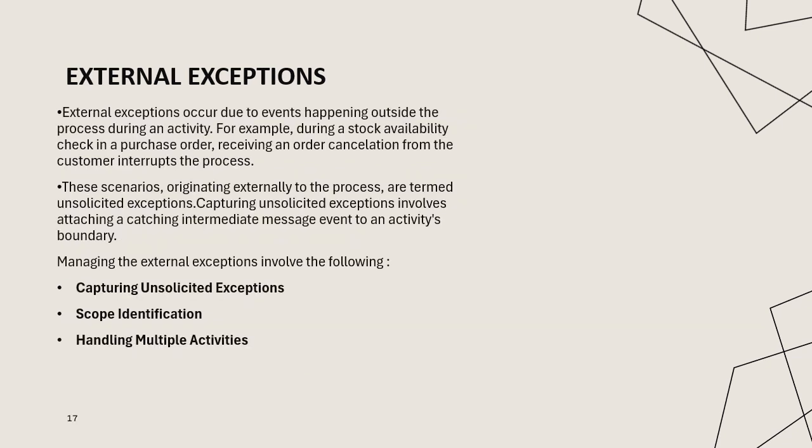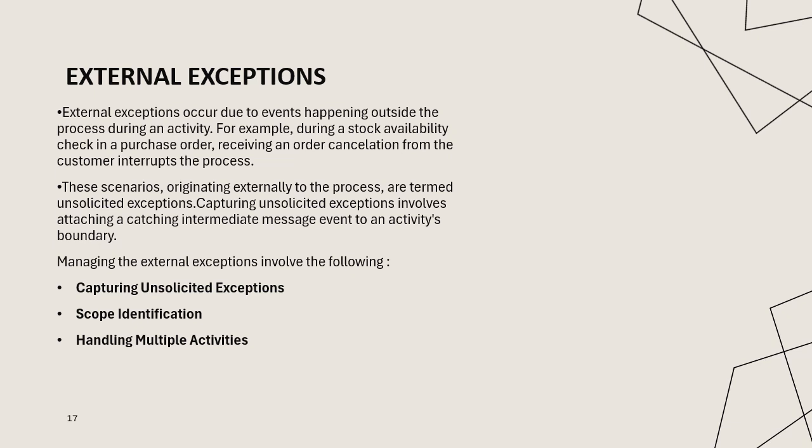Let's talk about external exceptions. External exceptions occur due to events happening outside the process during an activity. To capture these exceptions, we attach a catching intermediate message event to the boundary of the activity.